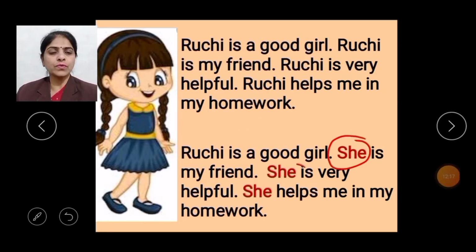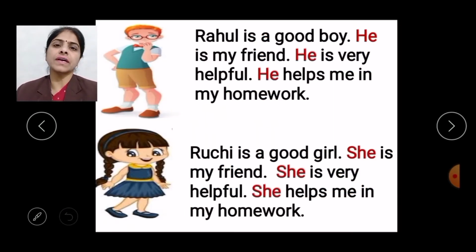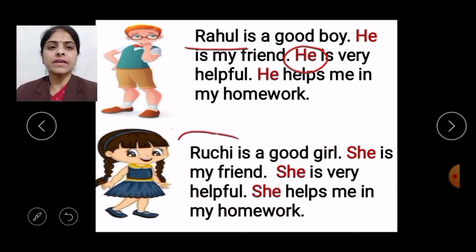She will be used in the place of Ruchi to avoid the repetition of the same noun. So here we have learned the name of masculine gender like Rahul can be replaced by he, and the name of feminine gender like Ruchi can be replaced by she.